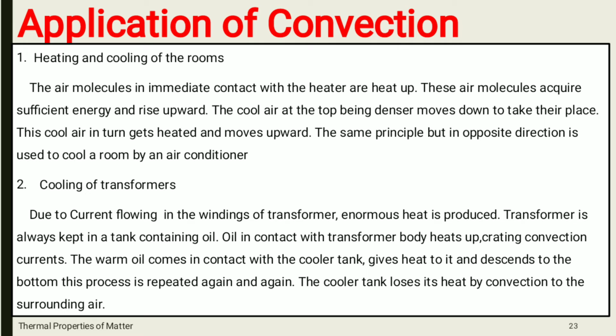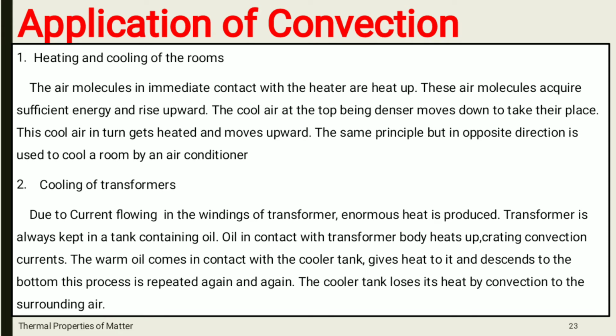Okay, cooling of transformers. Due to current flowing in the windings of a transformer, an enormous amount of heat is produced. If we have to reduce this heat, the transformer is always kept in a tank containing oil.